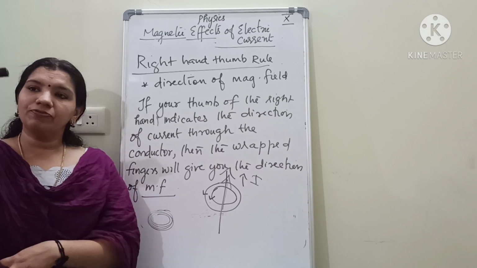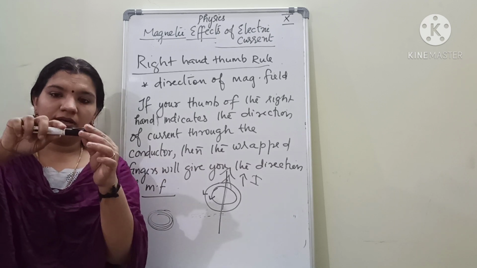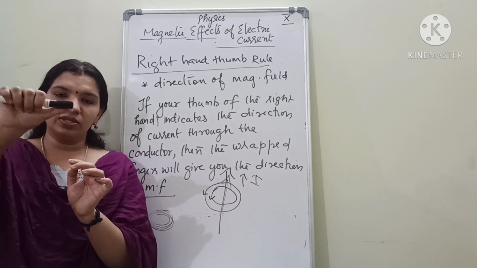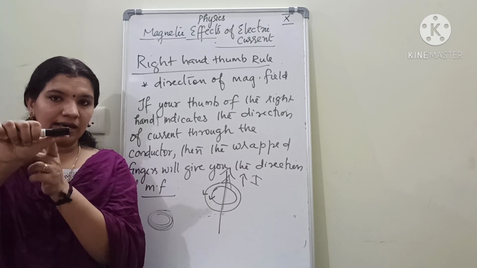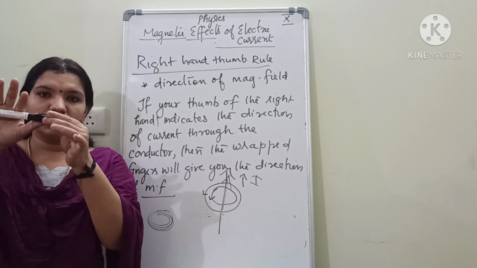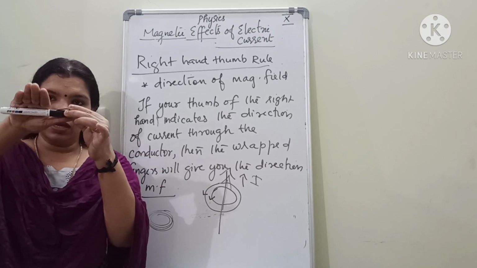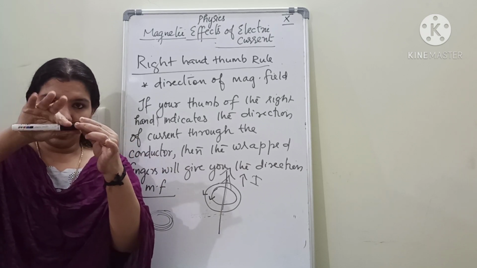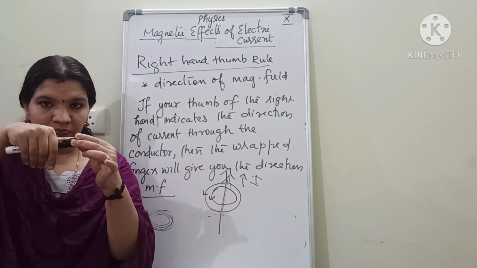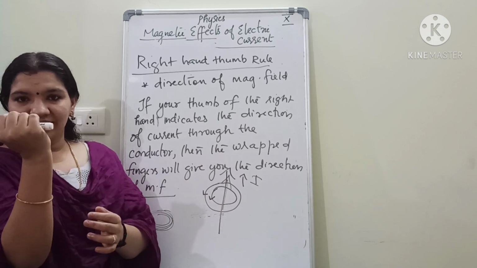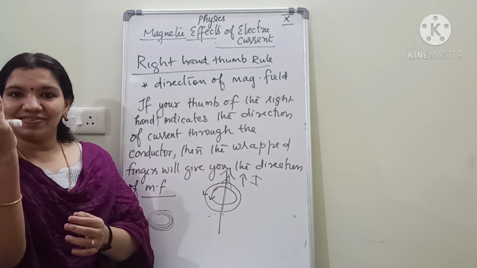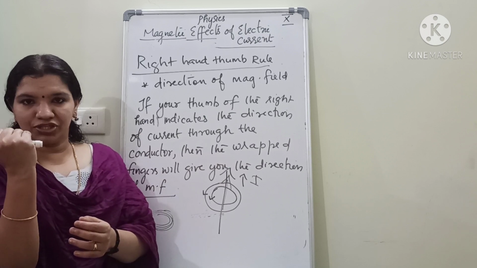Now if the conductor is in this direction, the magnetic field lines will be in this direction. You can put the arrow like that. If it is like this, the magnetic field lines will be in the inward direction.